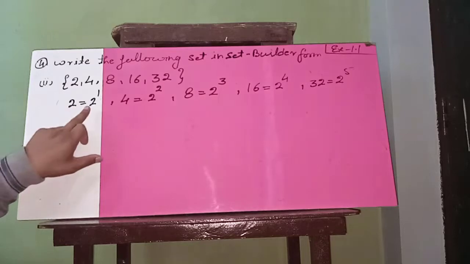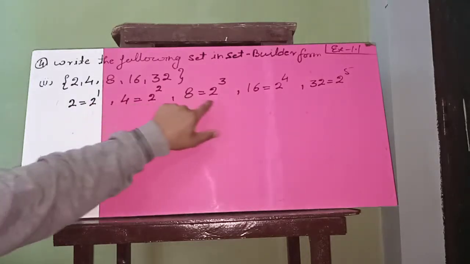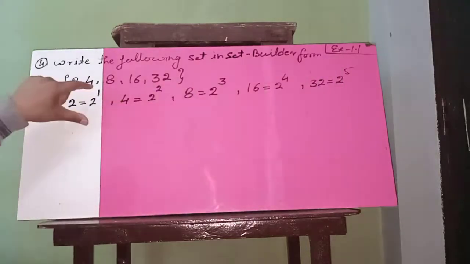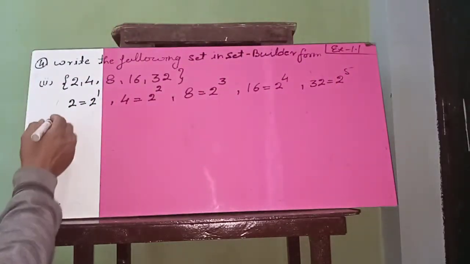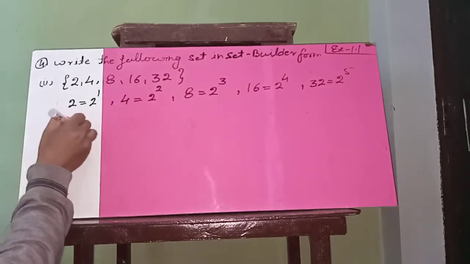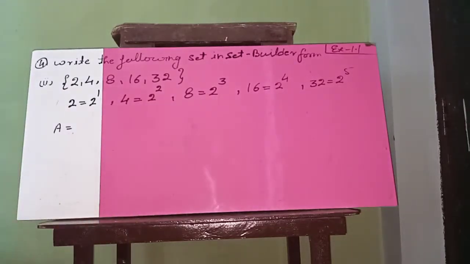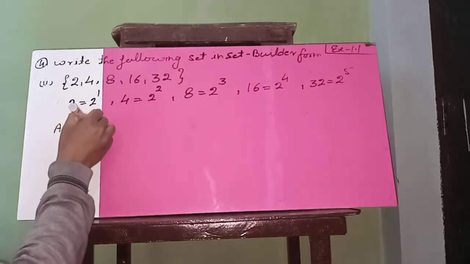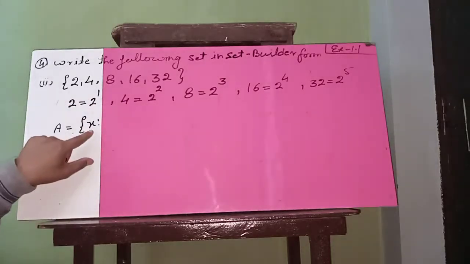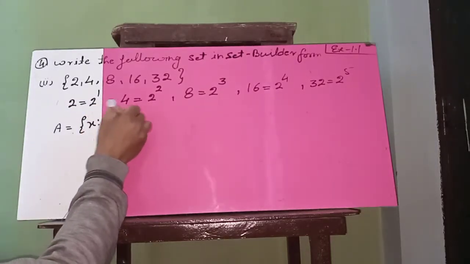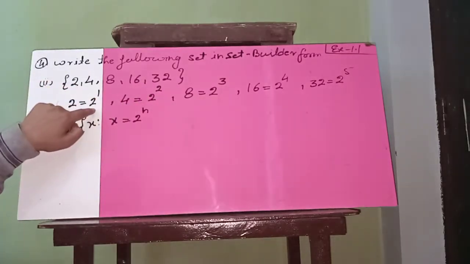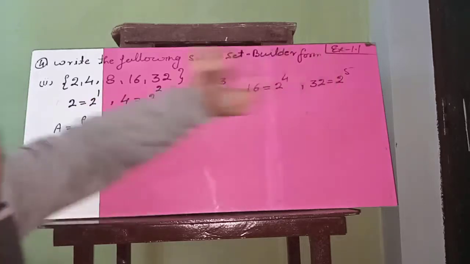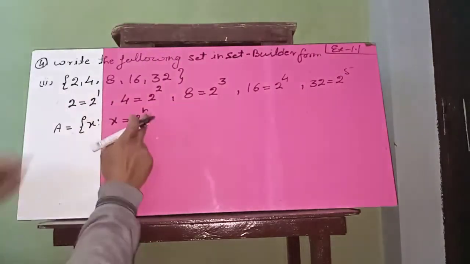Okay, so it means the base is same here, 2, 2, 2, 2, 2, but the power is different, 1, 2, 3, 4, 5. So how will we write? In set builder form the given set name is A. We take the name A, B, C, any letter. Now in the given set we have an element x, and x equals 2 to the power of n, because base is common here and n is changeable.